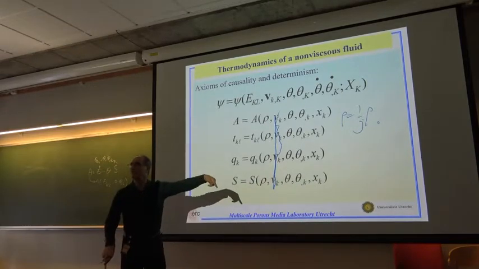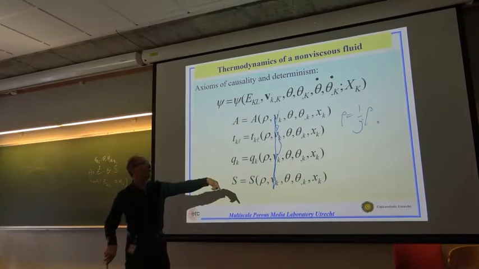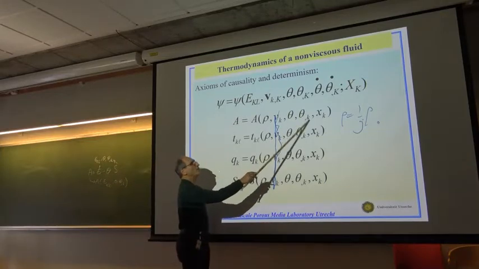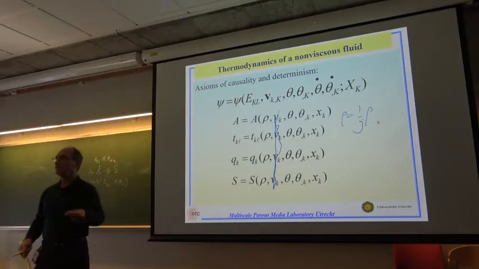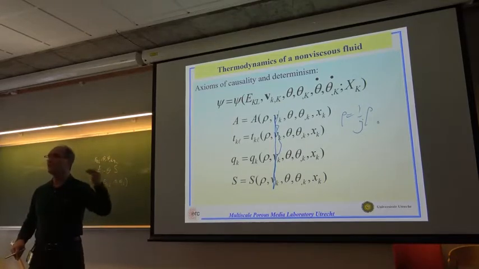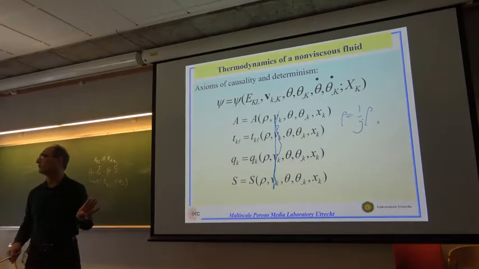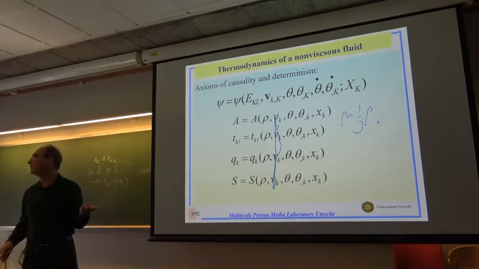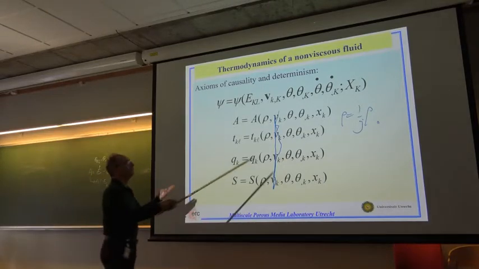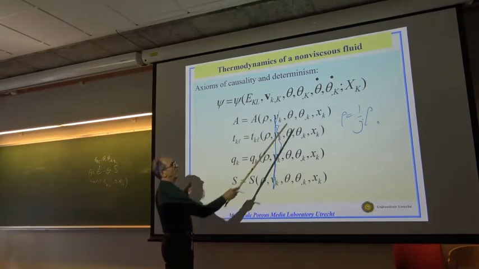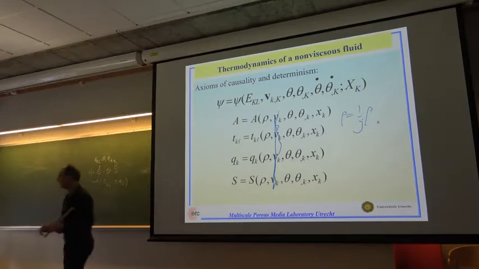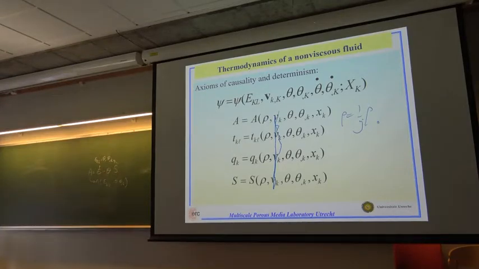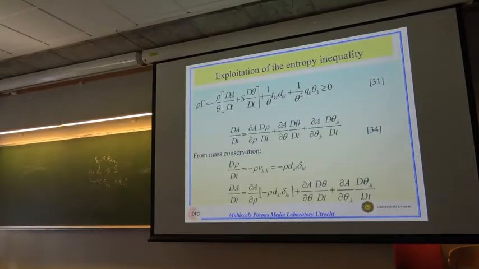From the previous exercise, you could have noticed that if I do not include a dependence on the temperature gradient, the entropy inequality would require the heat flux to be 0 for all conditions. So that's a non-heat conducting material. But when I include it, then I'm allowing for heat conduction. So these are my independent variables. I put them into the entropy inequality.